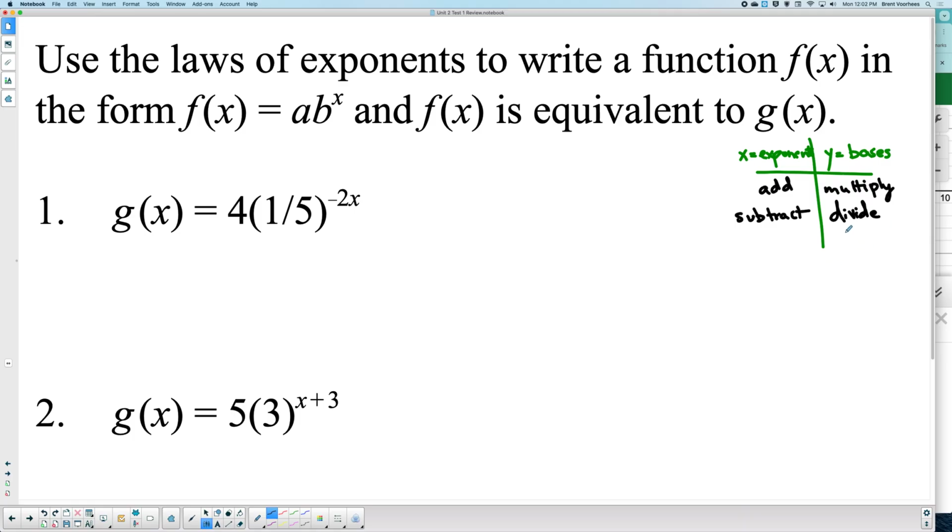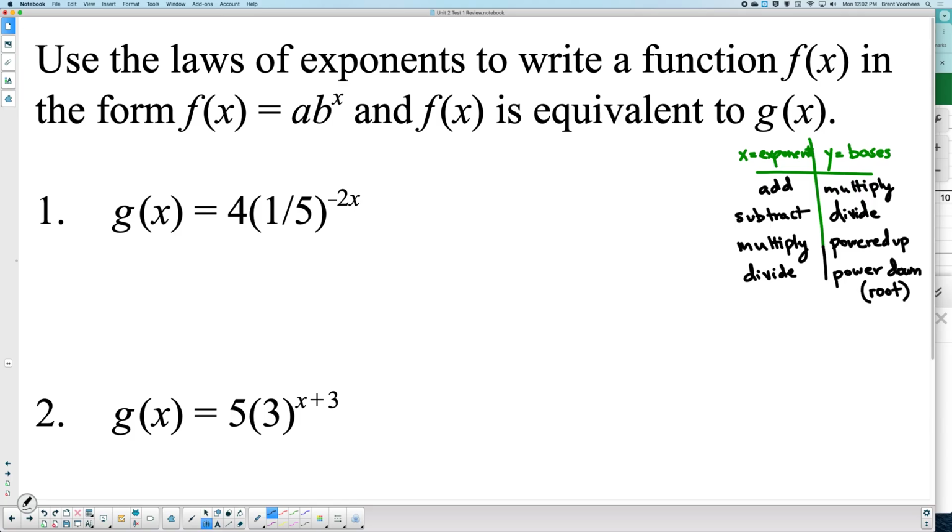What if your bases were powered up? That would mean your exponents you could multiply. What if your exponents were dividing? You could power down, which is basically you take a root, like a square root, cube root, something like that, depending on what you're dividing by.